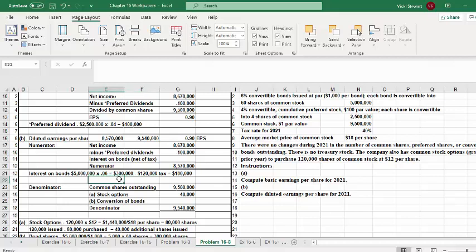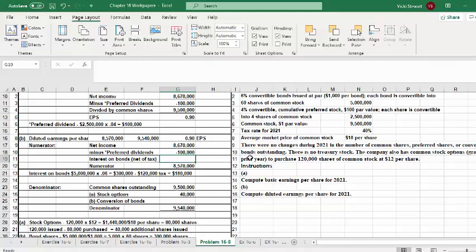We would save that money, which would increase net income, if the bonds were converted. So we would determine the effect in the numerator after taxes, though, because remember, bond interest is deductible on the tax return, so if you don't have it anymore, your taxes are going to go up. So you only include in the numerator the net amount. So $300,000 of interest minus the tax effect would be $180,000 in the numerator.